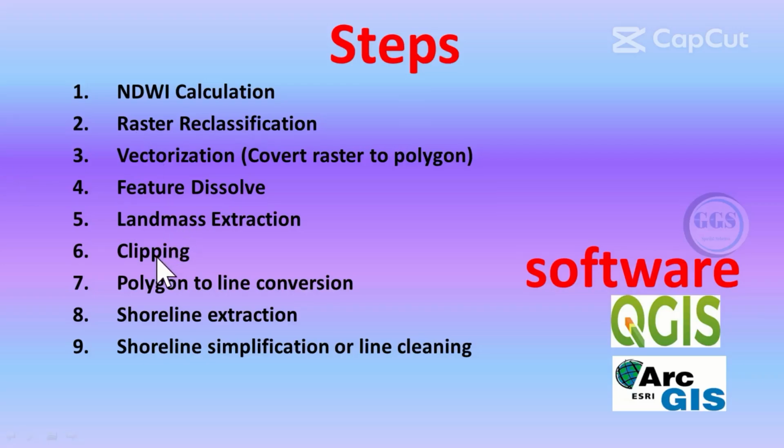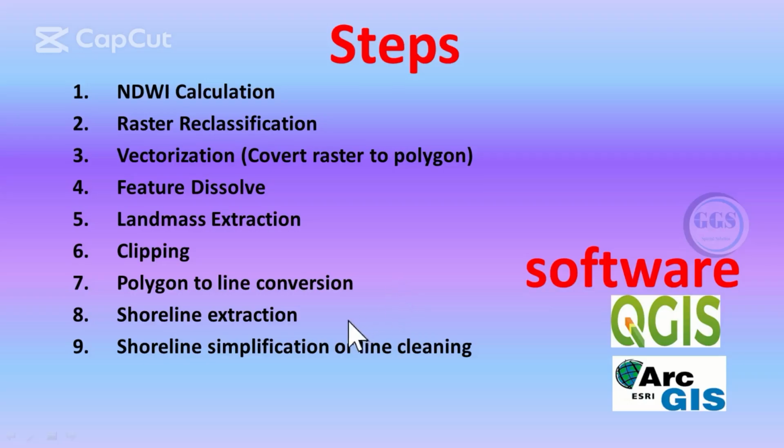So, and then we are going to have clipping, then polygon to line conversion, shoreline extraction, and shoreline simplification, also called line cleaning. And these are some of the software we are going to use. We are going to use QGIS, we are going to use ArcGIS. I promise that this thing is going to be easy and straightforward. I have made it very sequential and logical. So I promise you are going to get it.